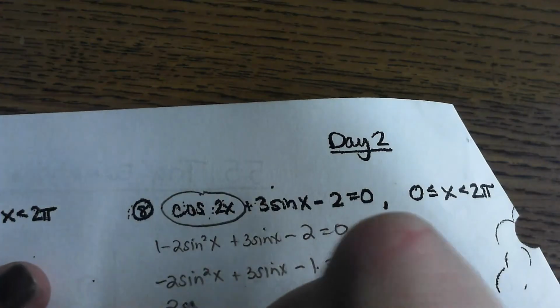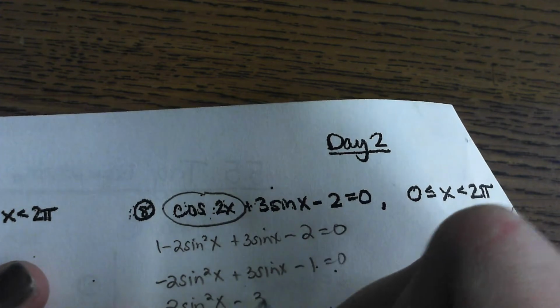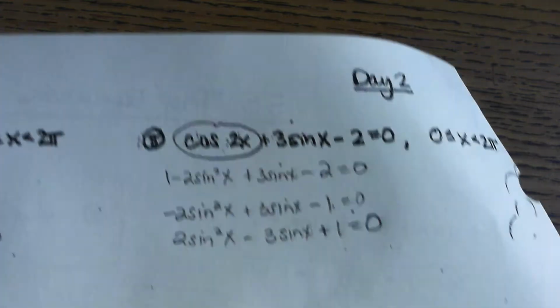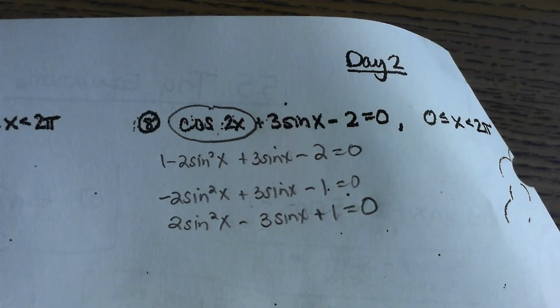I'm going to negate it. And then from this point moving forward, it'll be the same again, right? That's a trinomial, that's factorable. We'd go from there. It's just like last night. Any questions on that?